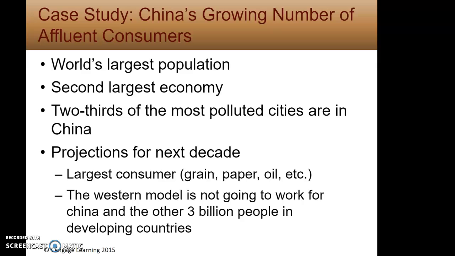And then projections for the next decades say China would be the largest consumer of grain, paper, and oil. If Chinese wanted to live a Western style life, such as everybody having a car, everyone having a 3-bedroom house, etc., it would not work. And also for the other 3 billion people in the developing countries, this does not work. We need to find a way to live sustainably.